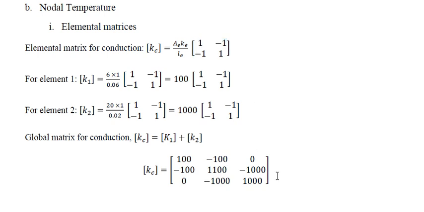But globally the stiffness matrix size is 3 by 3 because there are 2 elements and 3 nodes.